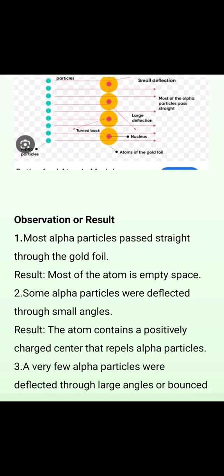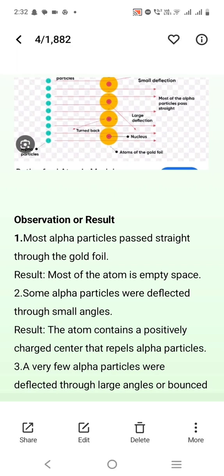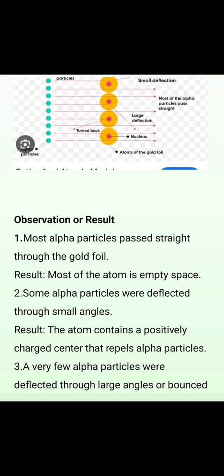This nucleus contains a positive charge. Some rays are deflected and come back. Why does it repel alpha particles? Because the center contains a positive charge and alpha particles contain a positive charge. Both positive charges repel each other. That's why it repels the alpha particles.